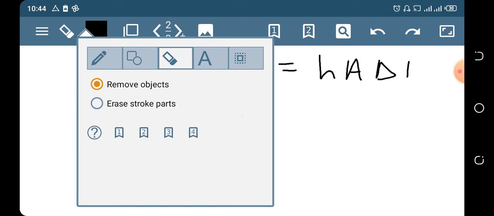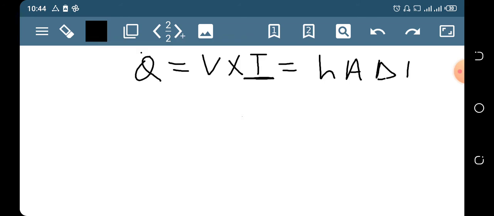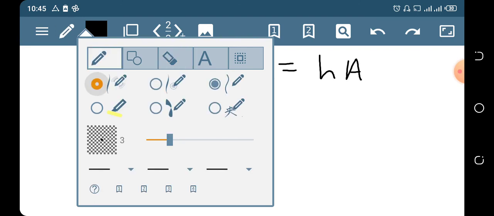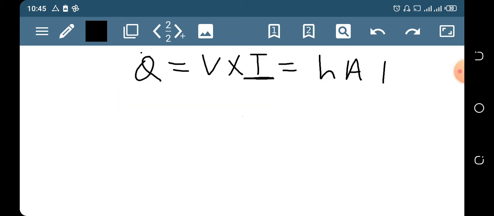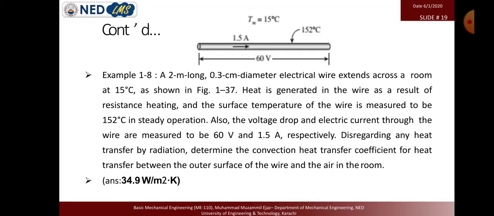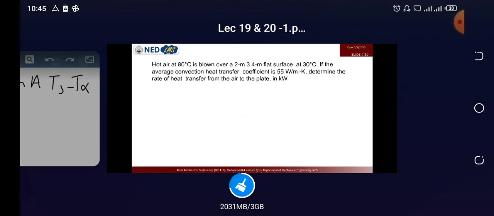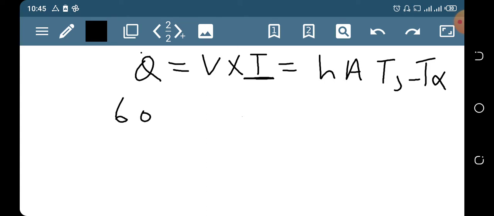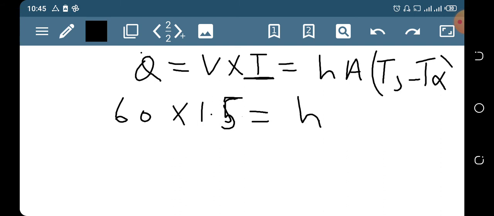So the voltage is 60 and the current is 1.5. Sixty multiplied by 1.5 is equal to h times A times the bracket of Ts minus T infinity.